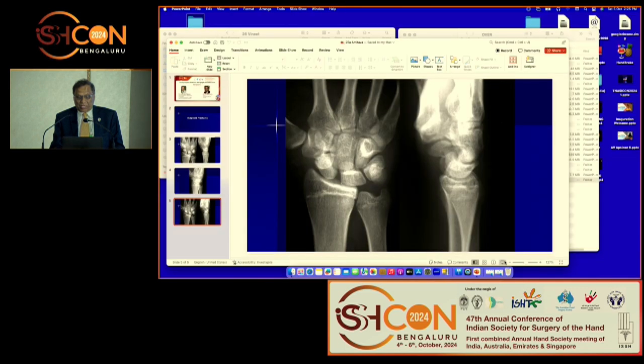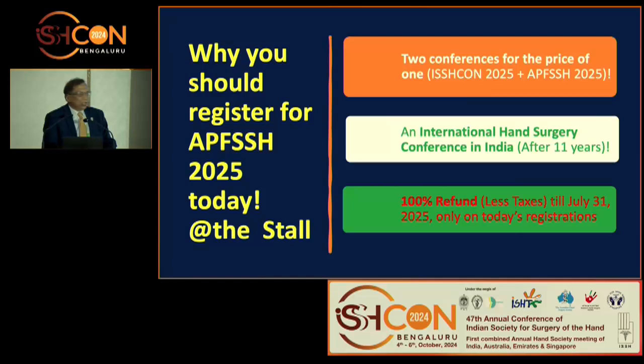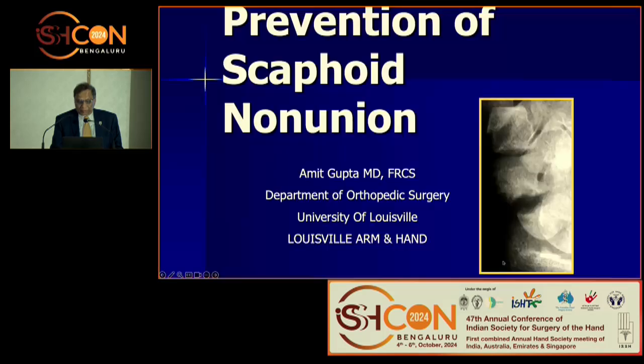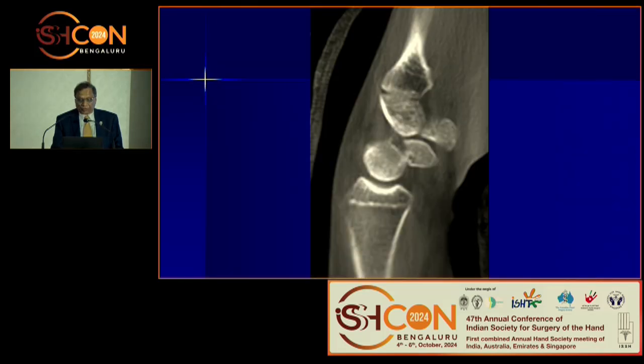So next, can I have the next? The question is, which ones are good actors and which ones are bad actors? And how do we pick those out? What does the literature tell us about different types of scaphoid fractures? So we've come to this patient.